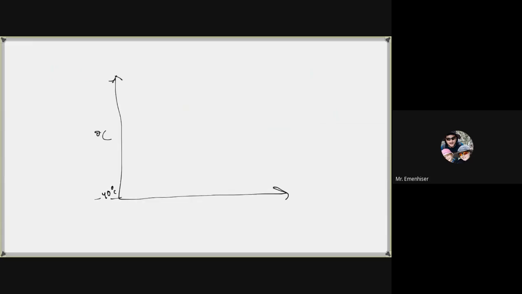There we go. The top is going to be 140 degrees Celsius. Then this is going to be heat absorbed. I'm not going to put little tick marks. It's just as you go to the right, you get more heat absorbed.